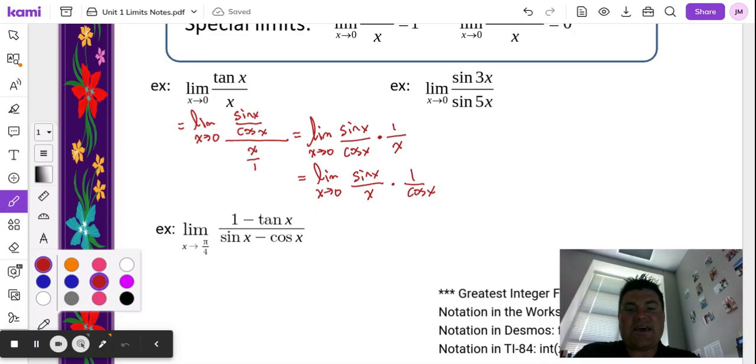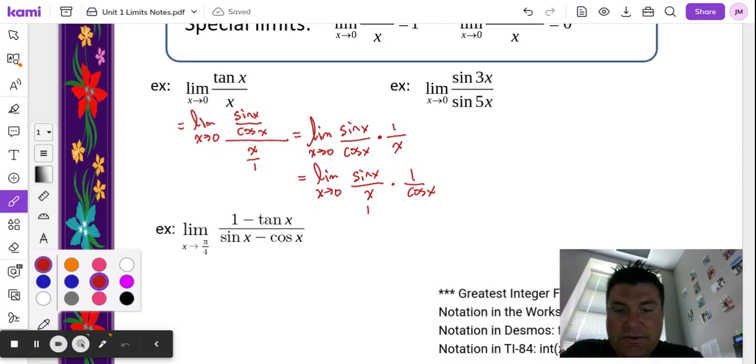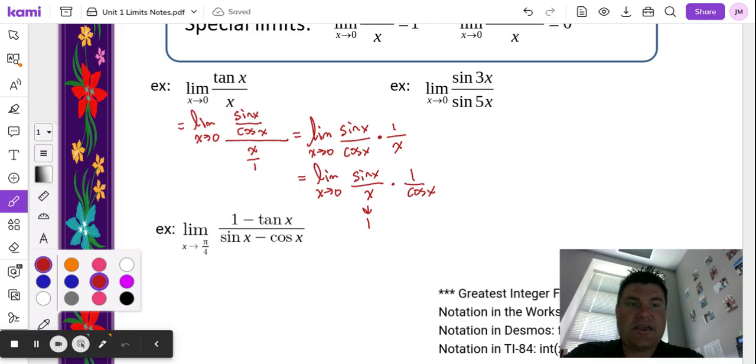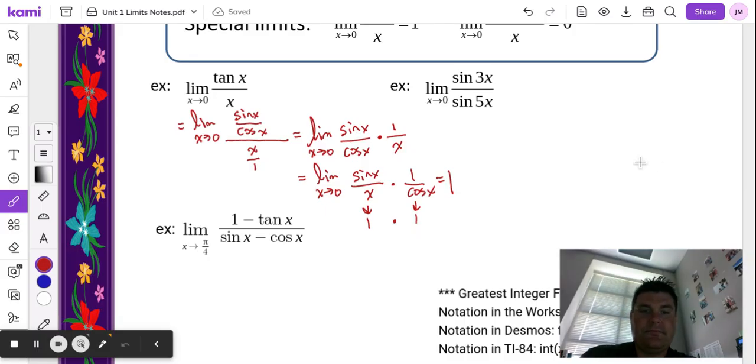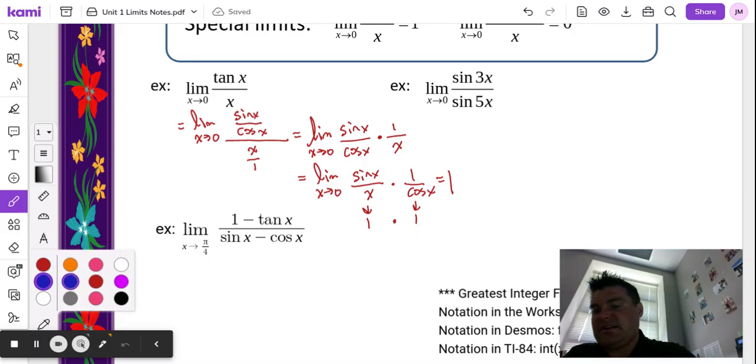After I rearrange that, you can see that sine of x over x is there, and we know that it is equal to 1. If I plug in a 0 into 1 over cosine, I'm going to get 1 over 1, so that's also going to equal 1. So I'm going to get 1 times 1, which is equal to 1. Let's go ahead and move on to the next problem.